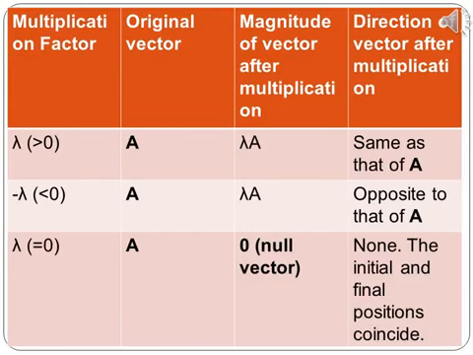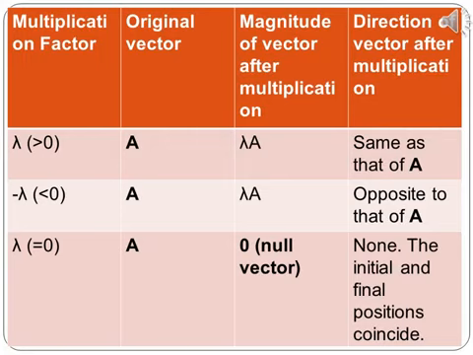Once again, you can check the natures of magnitudes and directions of the resultant vectors when vectors are multiplied with real numbers with help of the table given in this slide. In given table, in first column multiplication factor, in second column vector, in third column magnitude of vector after multiplication, and in fourth column direction of vector after the multiplication are given.